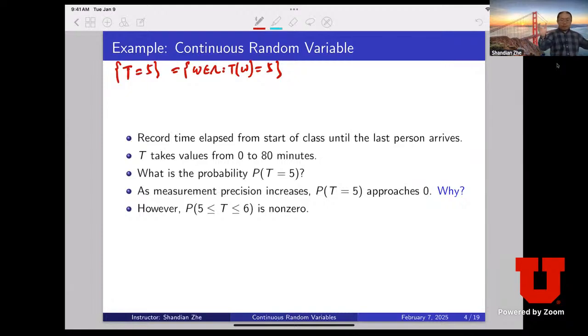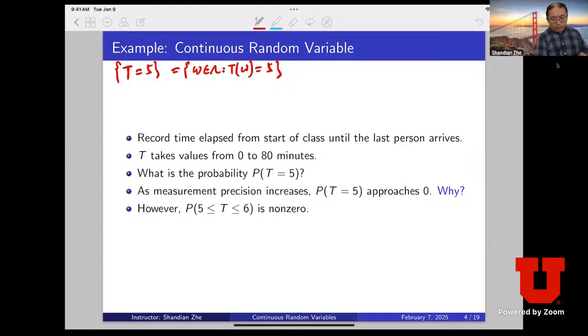Just to recall our jargon: the function maps the original space to the target space. The original space is called image, and the target space is called range. And we can define an event as the random variable taking a particular value.